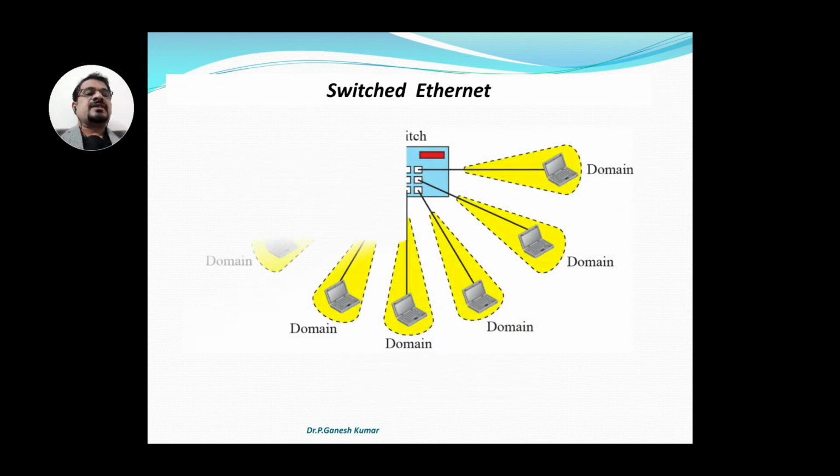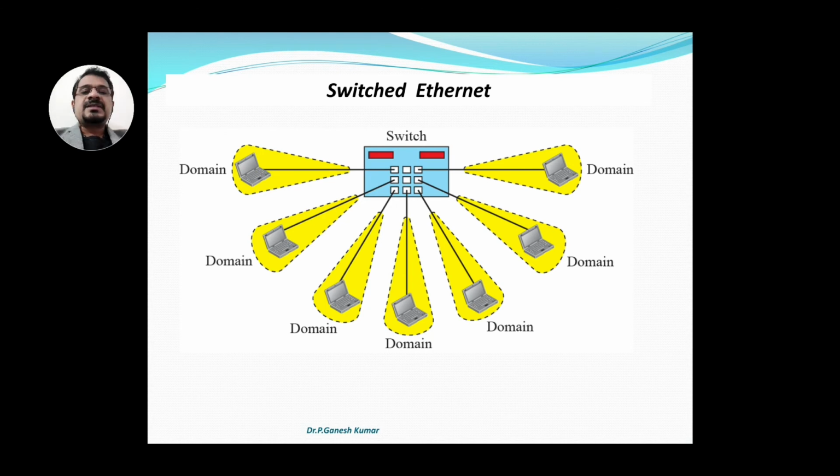Now, switched Ethernet. In switched Ethernet, whatever the capacity the switch is capable of in switching data from one device to another, based on that we can increase the data rate in the network. Each device connected to that particular switch is considered a separate domain.